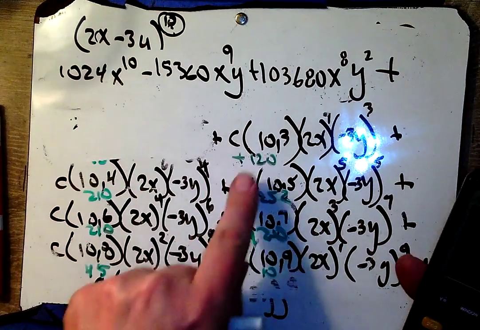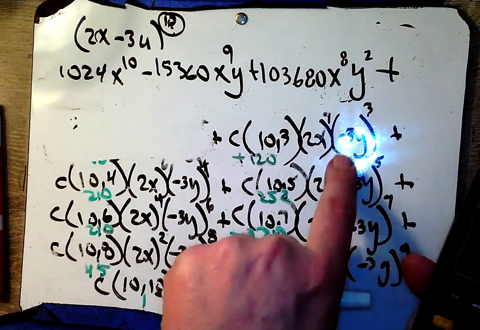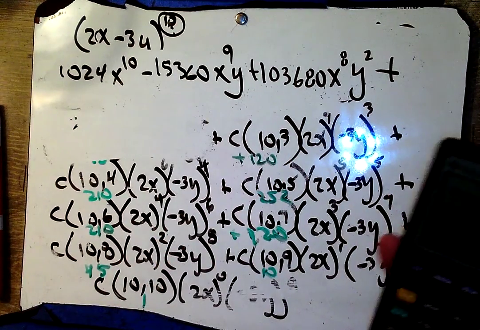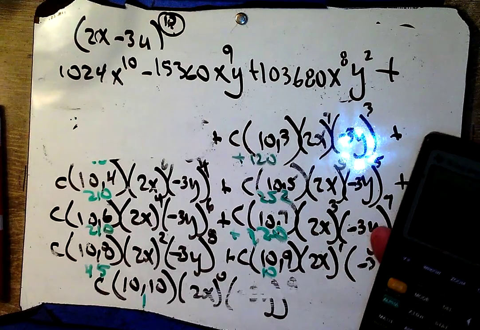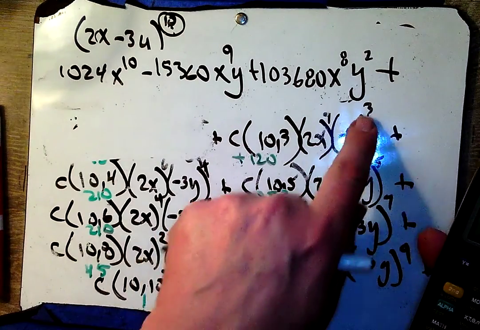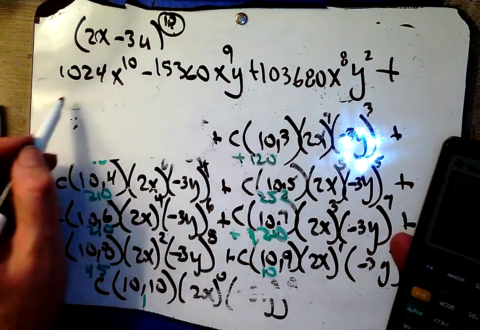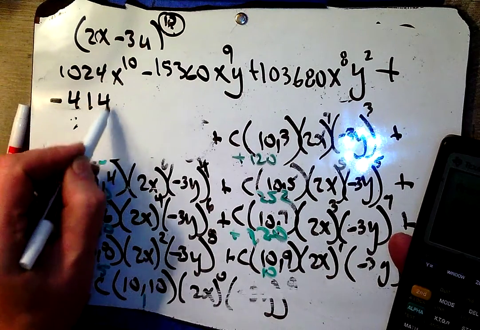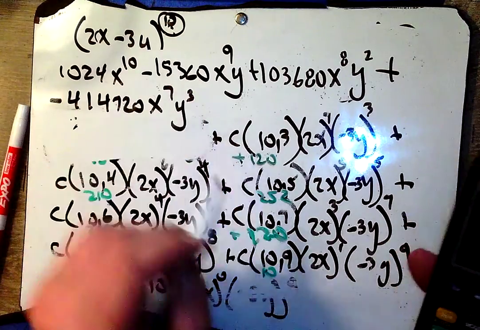Now this one. So we've got 120 times 2 to the 7th times negative 3 to the 3rd is negative 27. And that gives me negative 414,720. This will be x to the 7th and y to the 3rd.